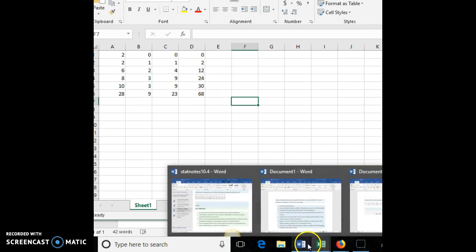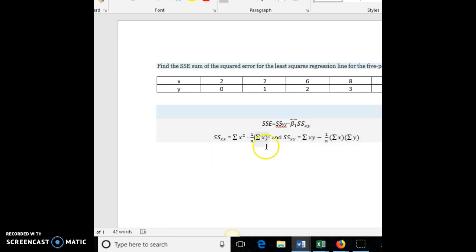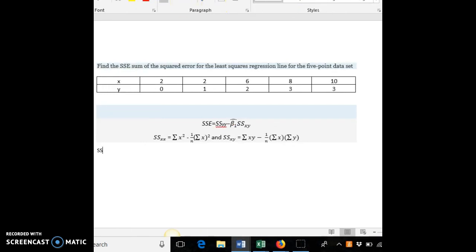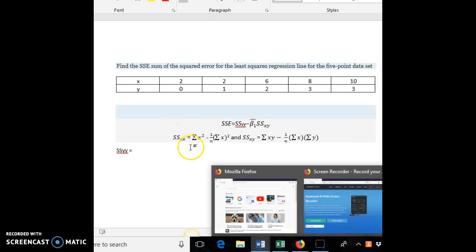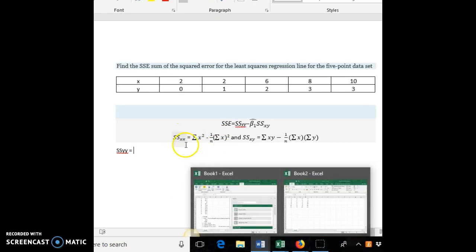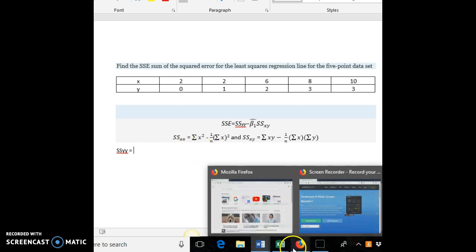So let me go back here and let's look at our formulas. We need SSYY. Well, SSYY is the sum of the y squares minus 1 over n times the sum of the y's, squared. So the first thing we're going to need is the sum of the y squared column, instead of the x squared that I've got listed there.